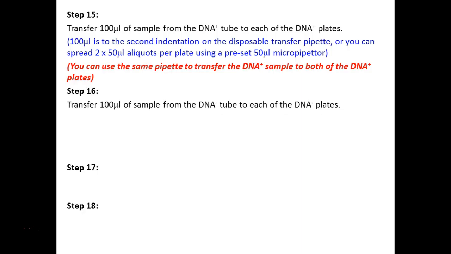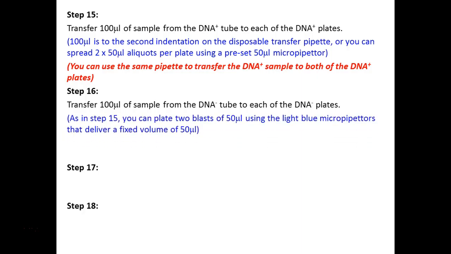So for the DNA positive tubes, notice you're going to put that on 2 plates, right? 2 plates say DNA positive. And then your negative tube, you're going to put onto 2 plates as well. You, of course, can use the same pipette tip for the plus tube for both the plus plates, right? But you need a different tip, or you can even use the other pipetter for doing your 2 minus plates from your minus tube, right?